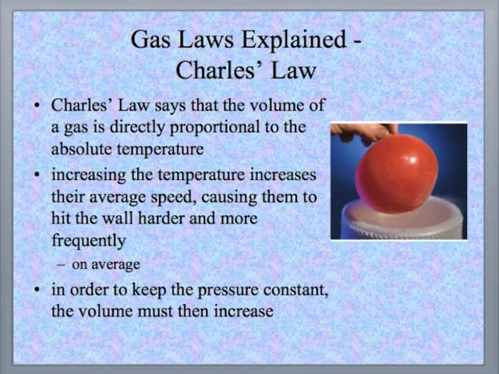So increasing the temperature increases their average speed, causing them to hit the sides of the container more frequently and with greater force. So in order to keep the pressure constant, the volume must then increase.